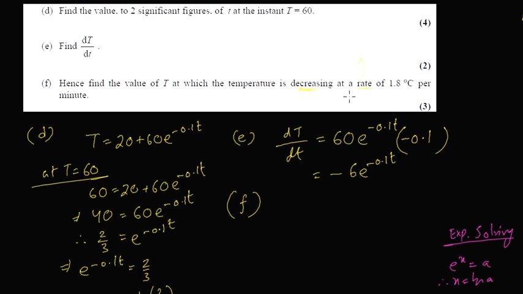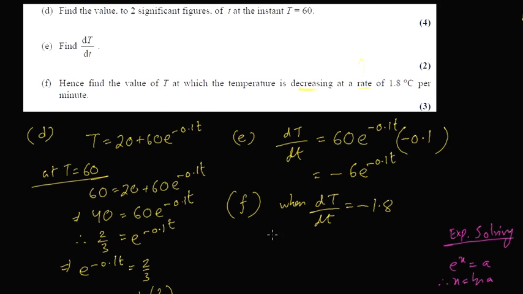So the question is, the temperature rate, meaning dT by dt, is equal to 1.8, decreasing meaning minus 1.8. You have to remember, decreasing means negative. So when dT by dt is minus 1.8, you have to find the value of temperature.